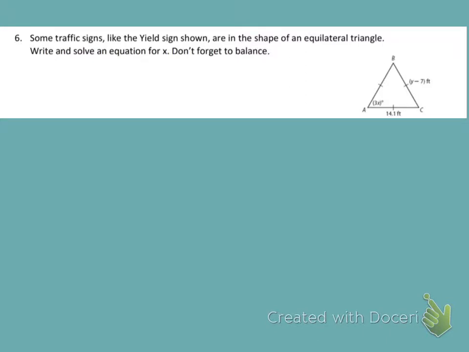Number 6. Some traffic signs, like the yield sign shown, I feel like it has the wrong picture on that. Yield signs shown are in the shape of an equilateral triangle. Write and solve an equation for x, and do not forget to balance.